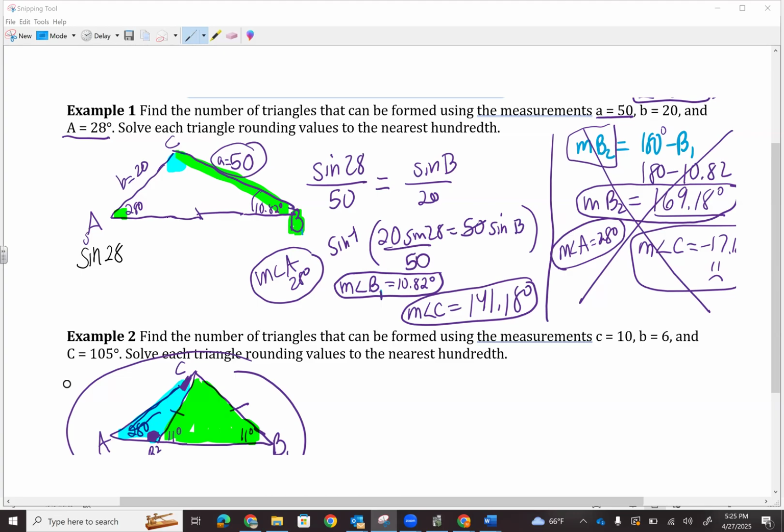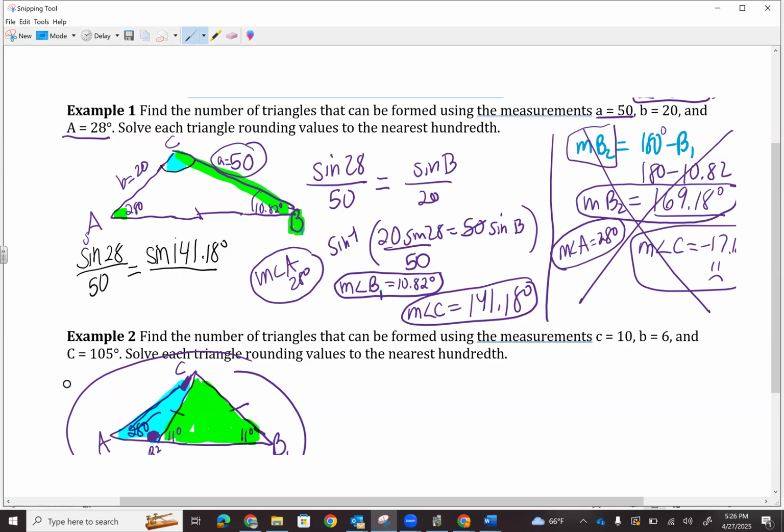So we could do sine of 28 goes with 50 equals, we want to find if the value of C is going to be 141.18. And notice that's pretty obtuse, and that makes sense. If these two sides are very big, that angle's got to be pretty big to accommodate the length of 50.